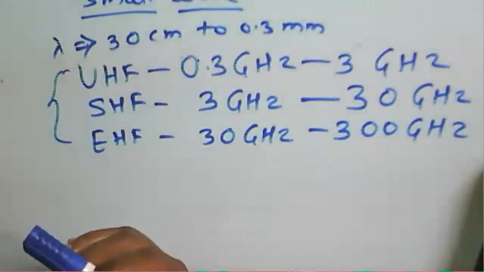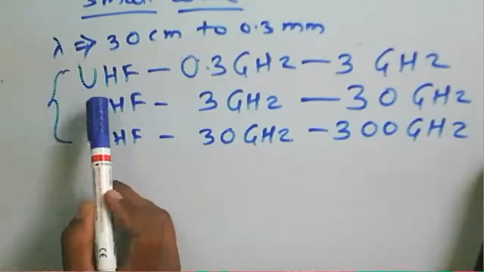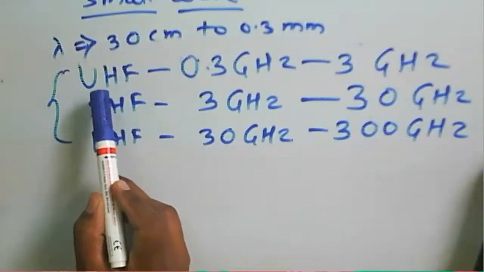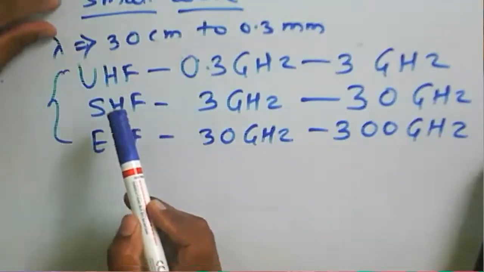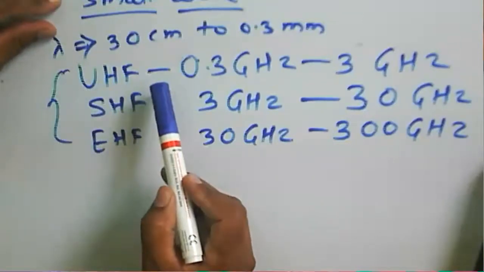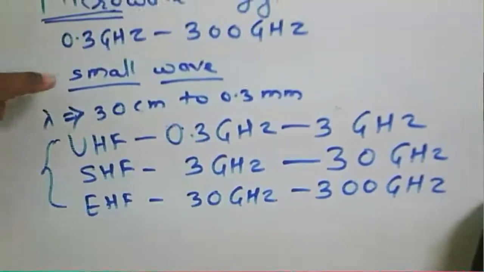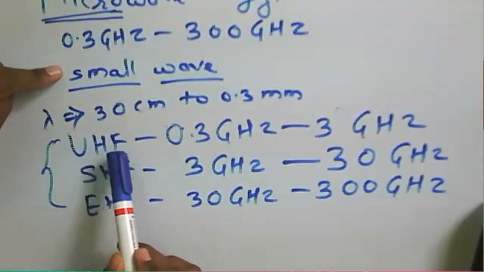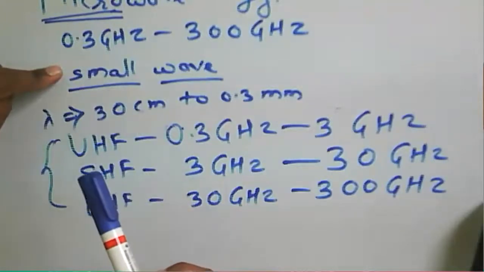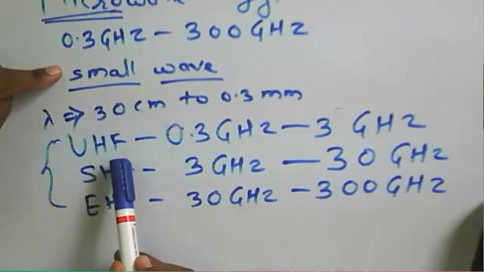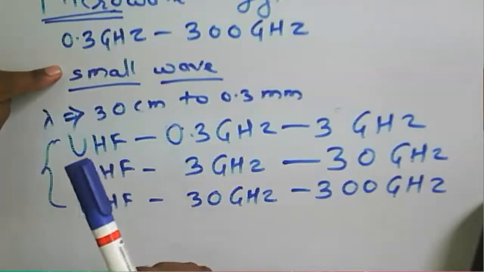Now, looking at these frequency bands and their applications: in terms of wave, the ultra high frequency band is the ultra short wave, because microwave frequencies mean small waves.